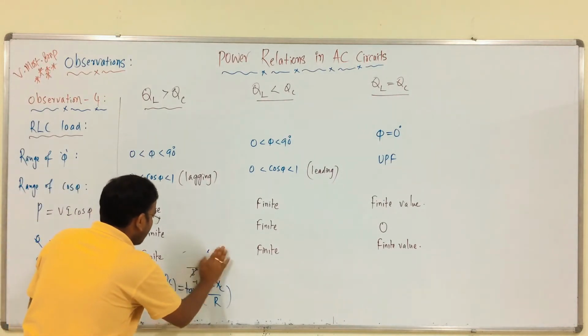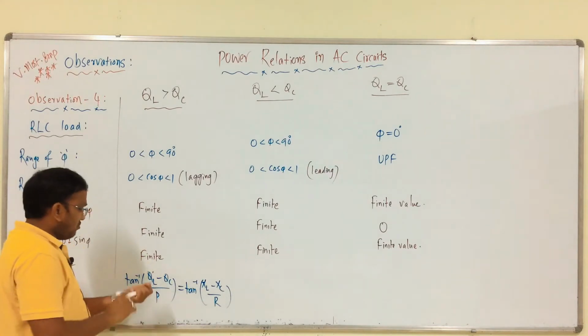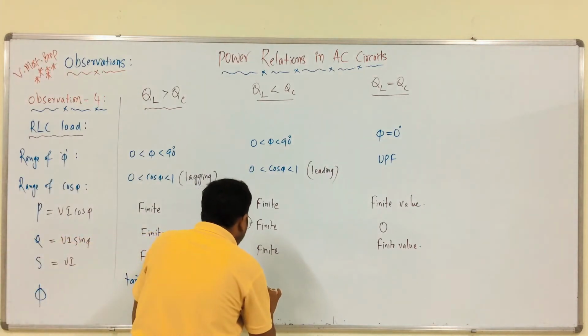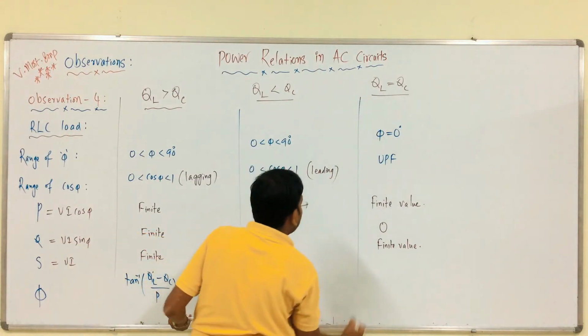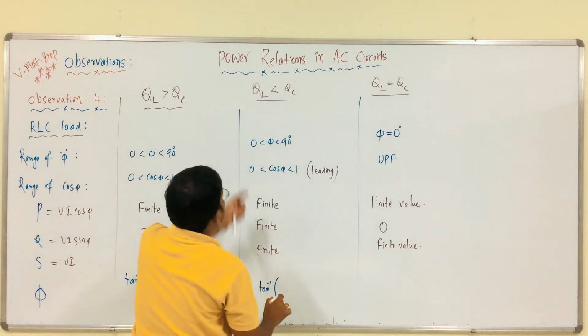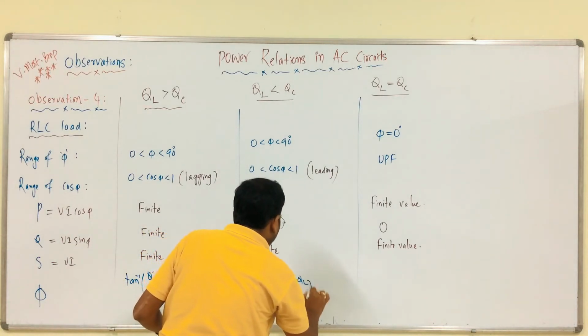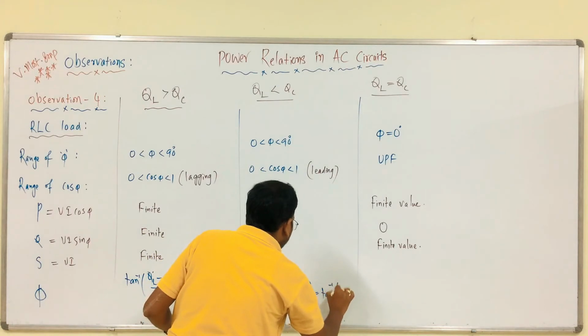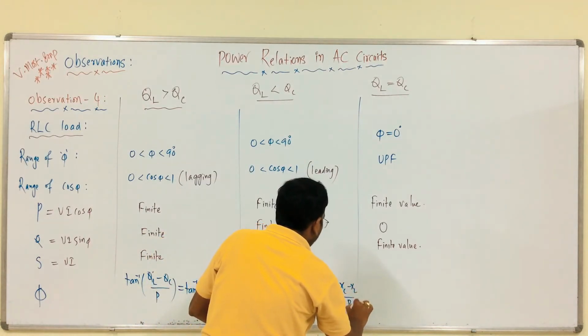So, you can use this formula or this formula. So, from this, tan inverse, tell me, QC is more, QC minus QL by P, which is equal to what? XC minus XL by R, completed.